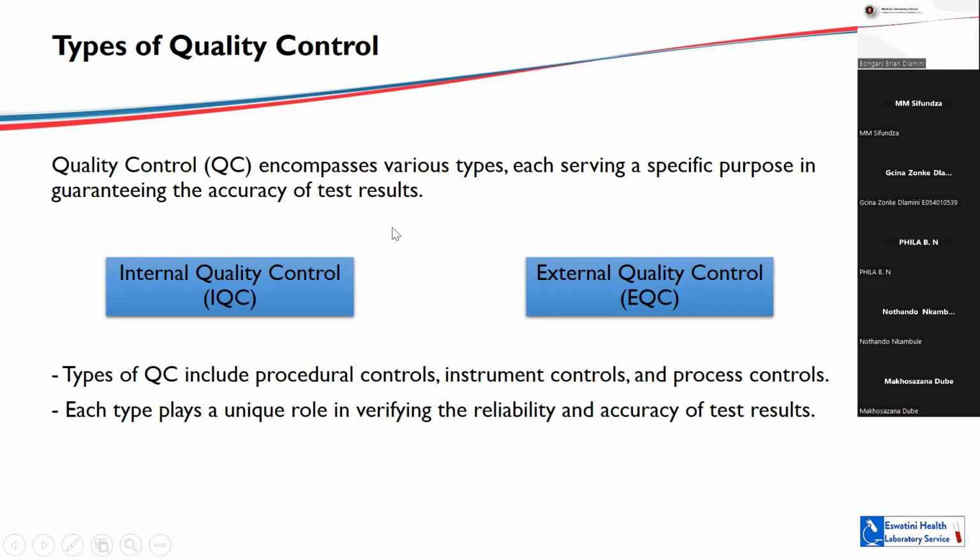We'll go into further details in the next slide. These types of QCs include procedural controls, instrument controls, and process controls. Each type of these controls plays a unique role in verifying the reliability and the accuracy of the test result.